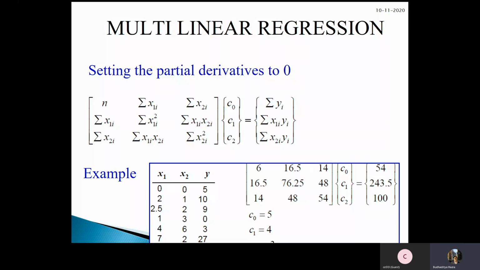So what you do is find all these quantities, that is sigma x1i, sigma x2i. You can easily find them from the table. All you have to do is take the summations and the summations of the products, apply them, and you get the values of c0, c1 and c2, right?